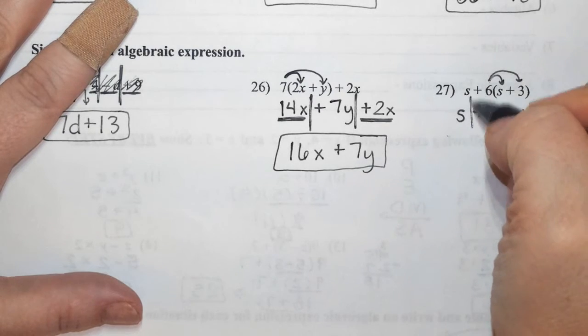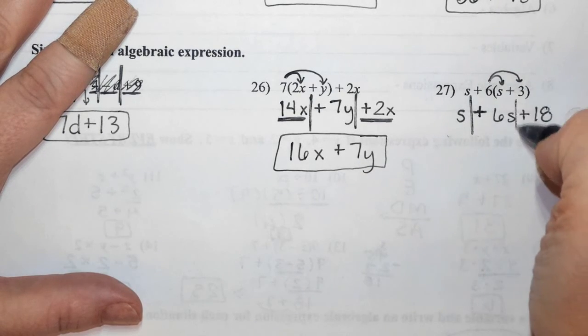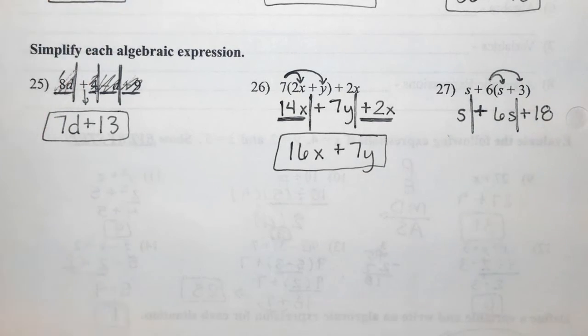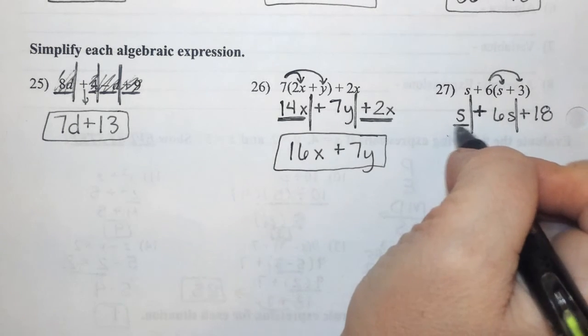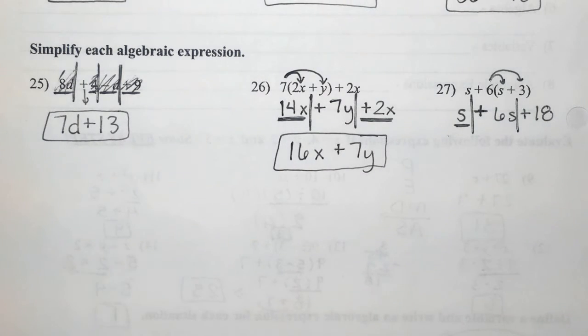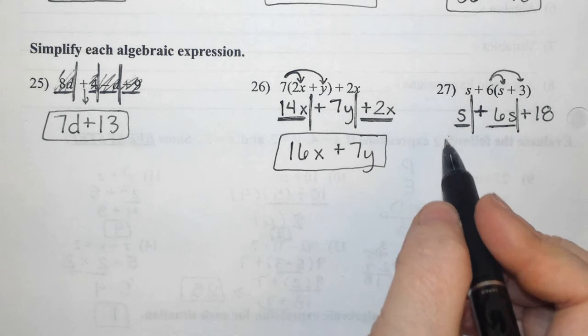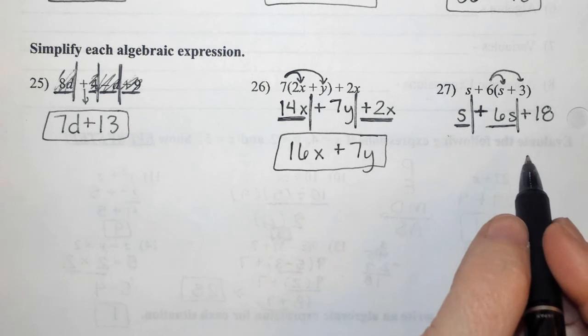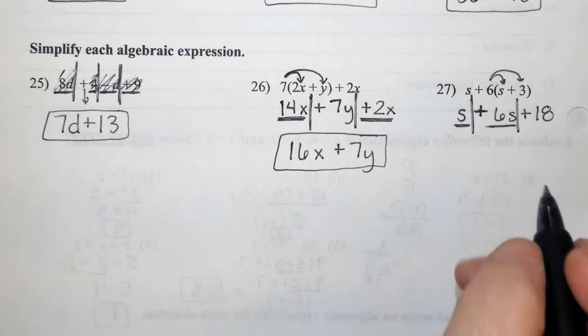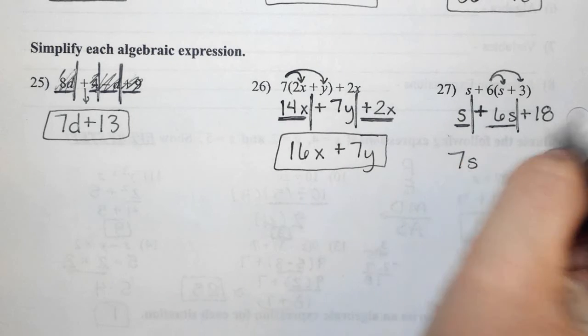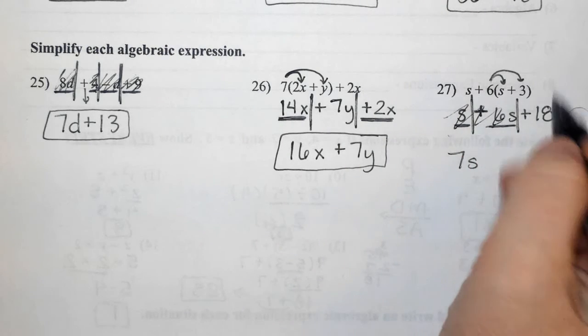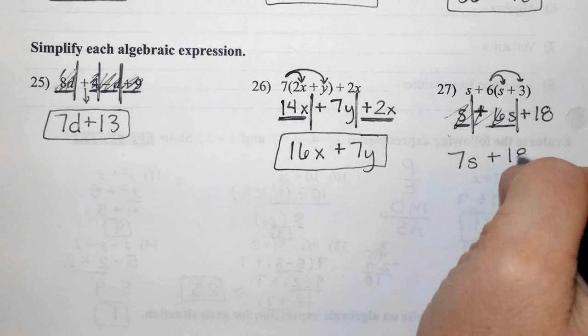So I'm going to draw my line after S, and I'm going to draw my line after 6s. Starting the problem. It starts with S. Is there anything that can combine with S, Jessica? 6s. So if I have an S and I add 6 S's, how much do I have? 7s. Those are done. Plus 18.